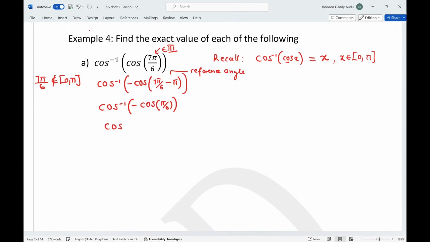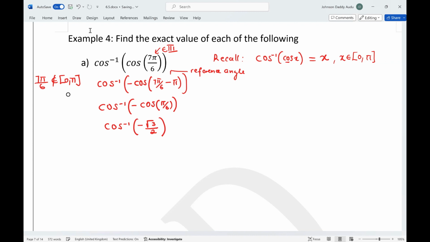So this is cosine inverse of minus cosine pi over 6, which is the same thing as cosine 30. And what is cosine 30? It is root 3 over 2. So we just need to find cosine inverse of minus root 3 over 2.